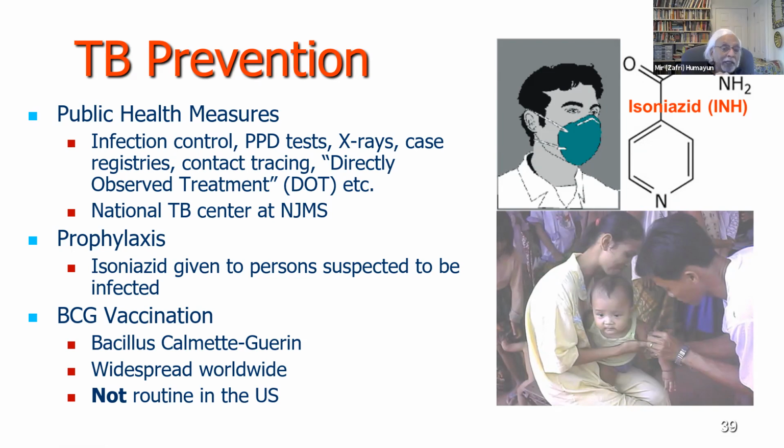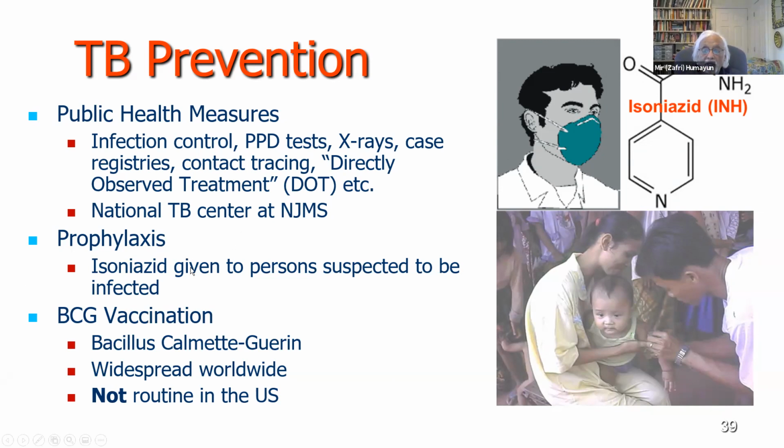So in many cases, it's necessary to compel patients to come to your clinic where they're given the antibiotic, where they're required to take the antibiotic. That is what is meant by directly observed treatment. In fact, directly observed treatment is practiced here on campus, New Jersey Medical School, in the ICPH building, which has a national TB center. One of its main activities is directly observed treatment of TB patients.